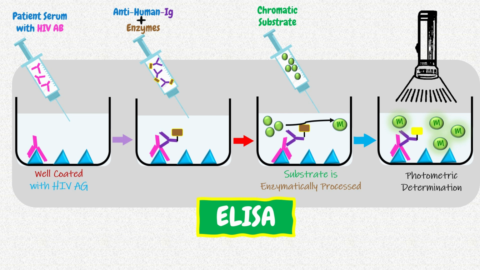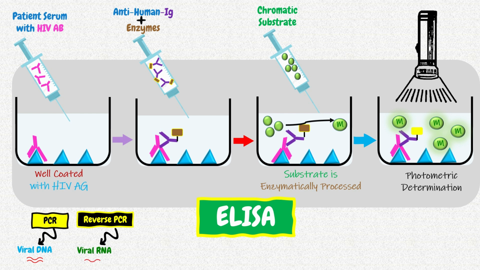Gene amplification techniques, such as polymerase chain reaction or PCR, and reverse transcriptase PCR, are currently being tested as HIV screening tests. PCR is used to detect HIV proviral DNA, and reverse transcriptase PCR is used to detect viral RNA.